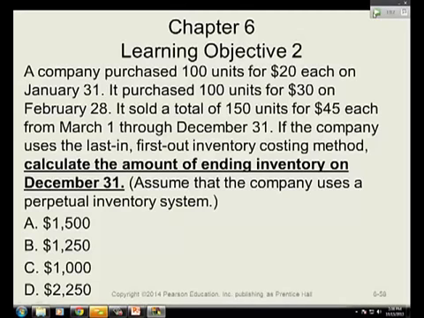Last in, first out. Okay, you got a minute, and here we go. Sorry about that.